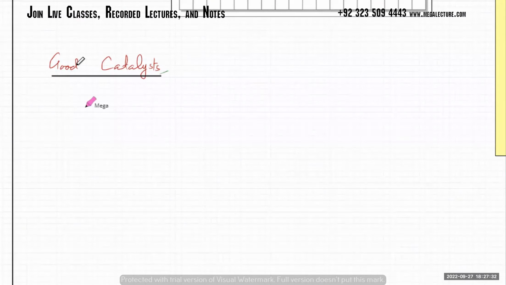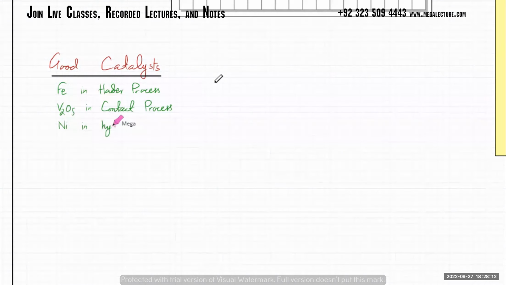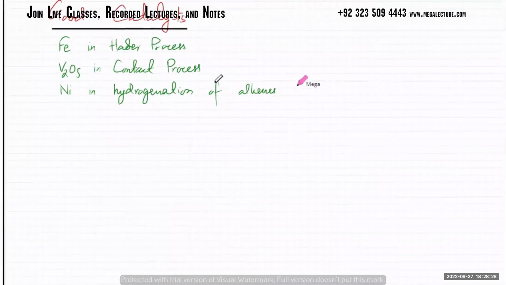So you've got iron in the Haber process, vanadium V2O5 in the contact process, and nickel in the hydrogenation of alkenes, or margarine, or unsaturated vegetable oil. So there are a number of places where they're good catalysts.